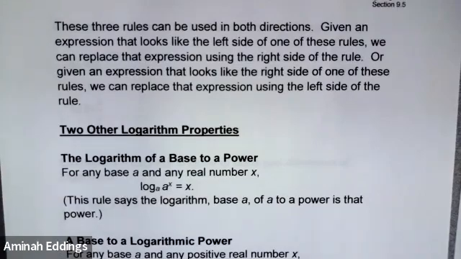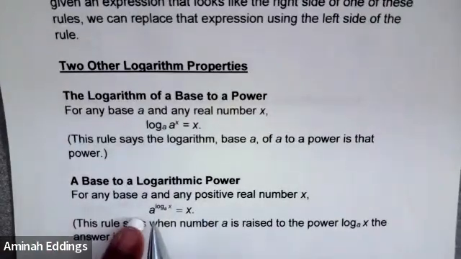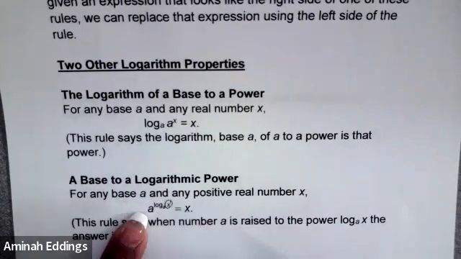So, a base to the logarithmic power. This simply says if my two bases are the same, then my answer is what I'm taking the log of. That's kind of small, so I'm going to rewrite it over here.